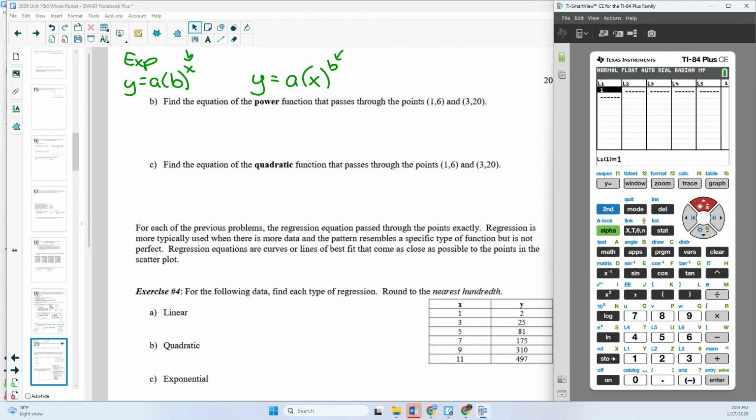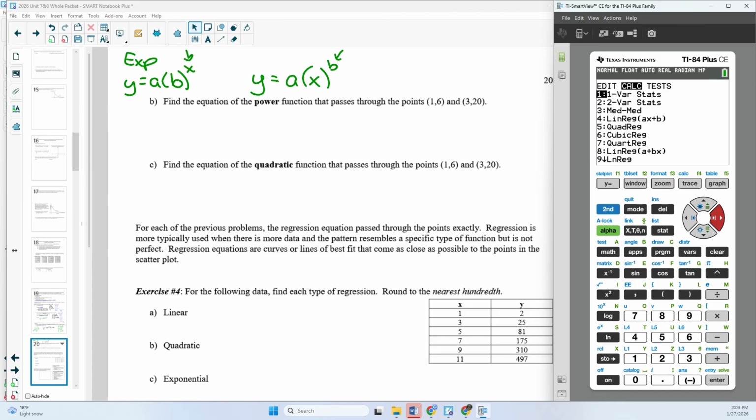So I didn't write my table because I want to show you don't have to, but my x's are 1 and 3. And to go with them, the y's are 6 and 20. So if I go to stat and then calc, the power regression is further towards the bottom, so it's letter A. I press enter through my menu.